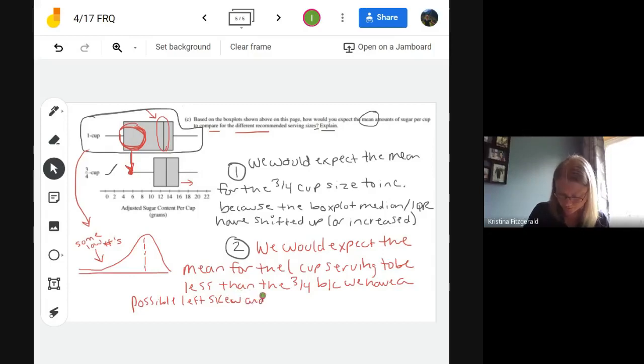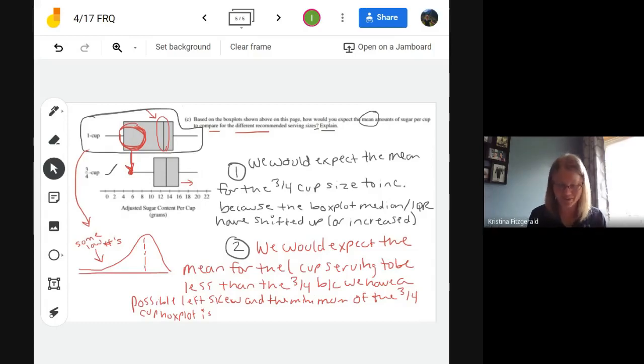And we could say like the minimum of the 3/4 cup box plot is, how do I want to word that? I think I'm wording this poorly. Hold on.